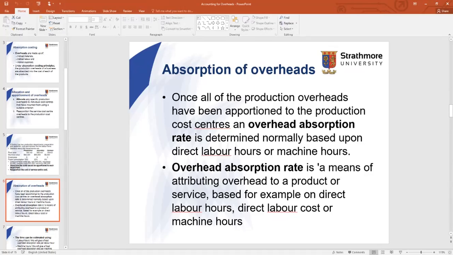For instance, if you take the example of Southern University, what are the service centers? The finance department, the canteen or cafeteria department, the library, actually, are there to serve the production unit, in quotes.